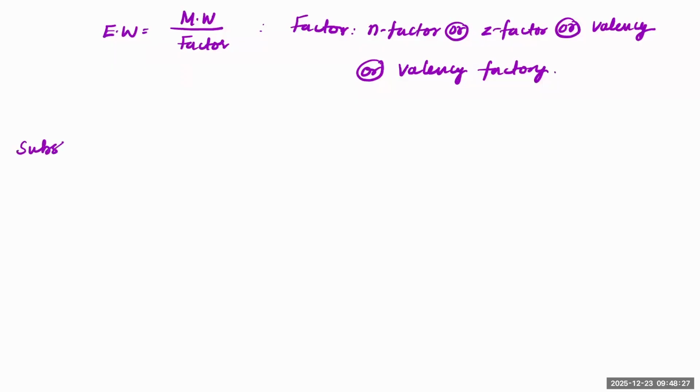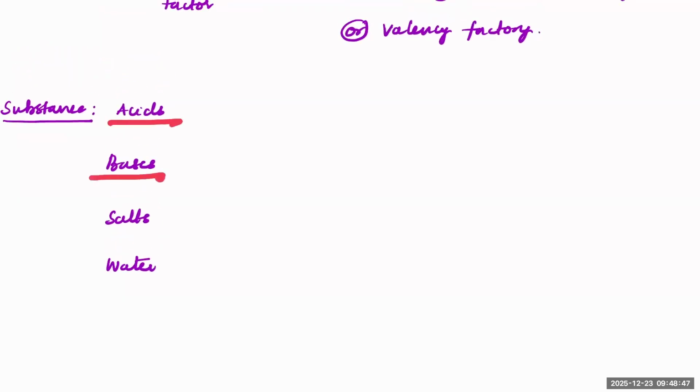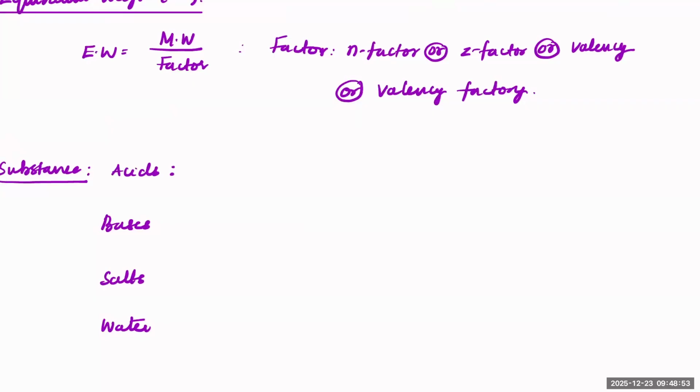The substances which we study can be mainly categorized into three parts: either acids, bases, or salts. Of course, we have water also, which is not completely acid, base, or salt. We use the word acid when it has the ability to release H plus ions, and H plus is nothing but proton, correct?